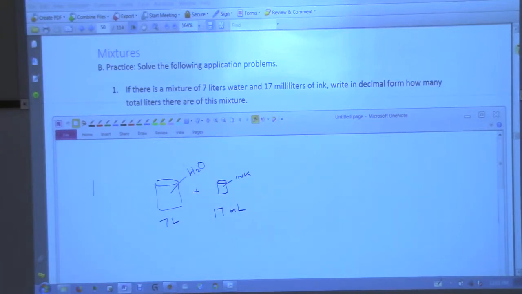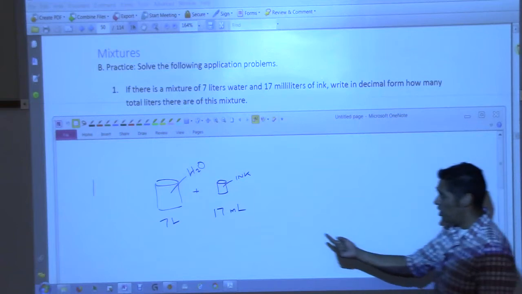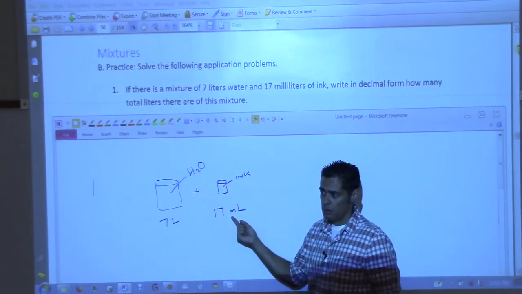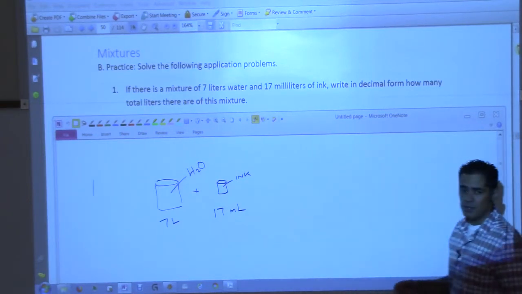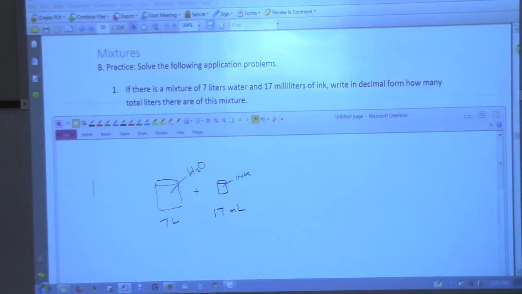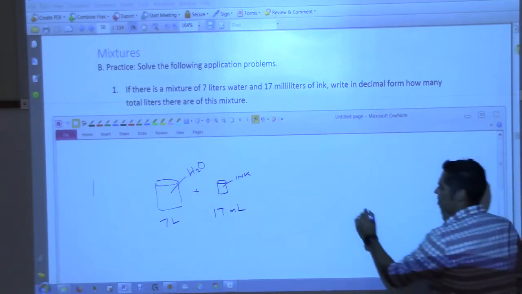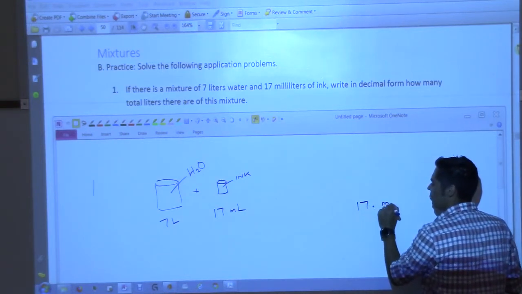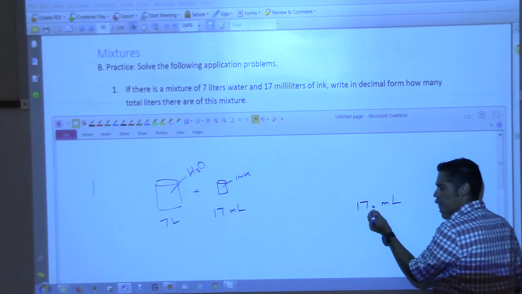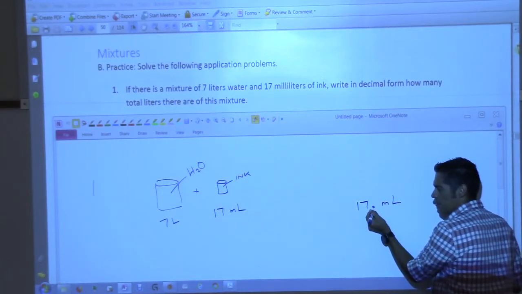So what am I going to need to do? I've got to change milliliters to liters first. So this is one of our conversions, and you would look off that chart or get onto Google and search it. So how do we change 17 milliliters to liters? I'm going to move that decimal point. Which way? To the left, how many times?